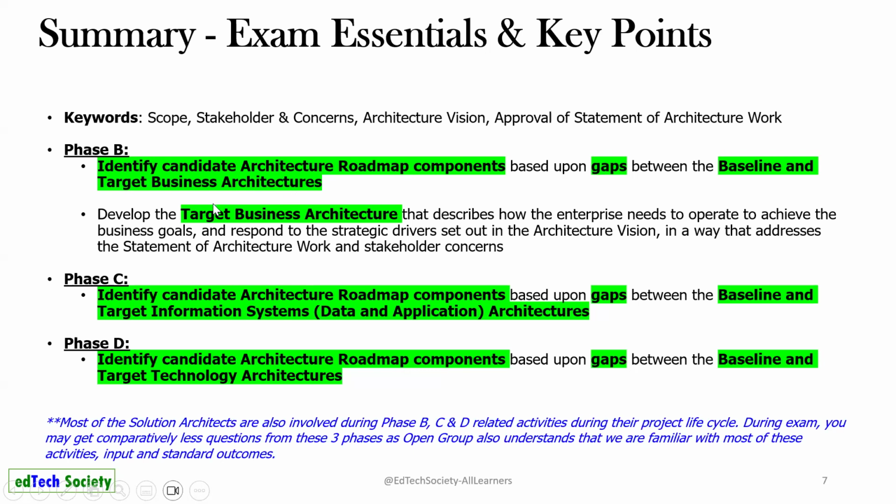This is the most important point for phase B. For phase C, it's identifying the candidate architecture roadmap components based upon the gaps between the baseline and target information systems, data and application architecture. And for phase D, it's the gaps between the baseline and target technology architecture. These are the most important points to remember for each of these phases.